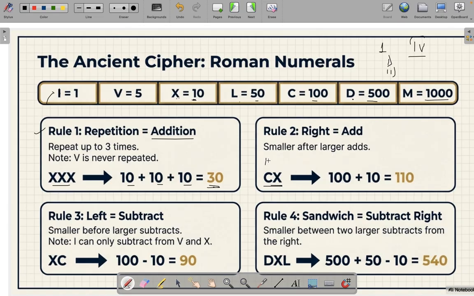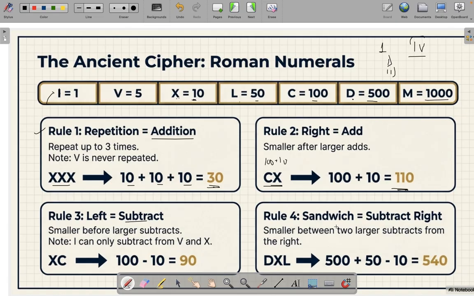C means 100 and X means 10, so this becomes 110. Smaller number to the left means subtraction. So with X and then C, C is larger and X is to the left of C, so you subtract: 100 minus 10 is equal to 90.